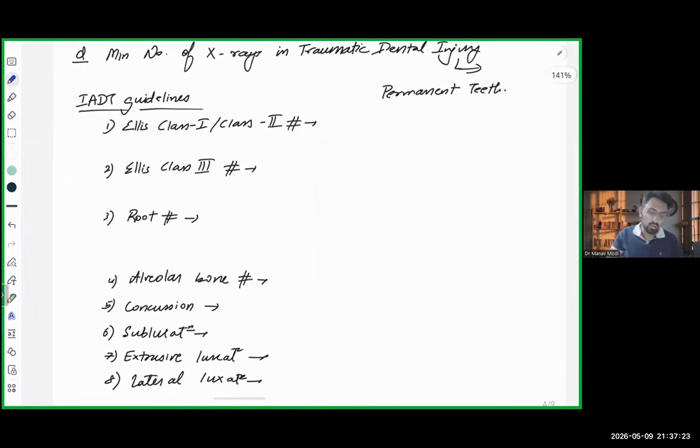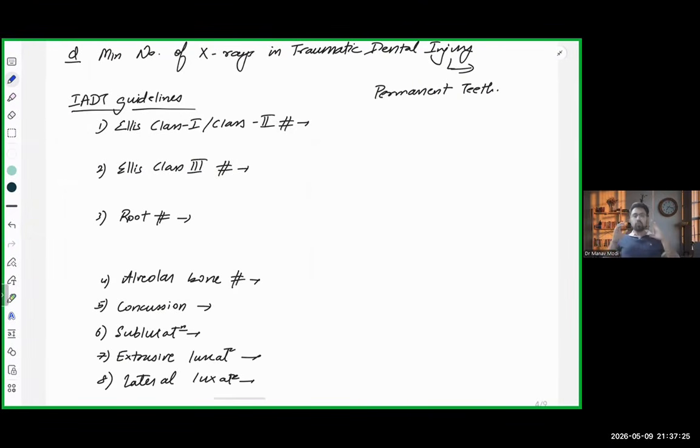Let's move forward. So we come to traumatology and the IADT guidelines. These are very, very important. Expect 1 to 2 questions at least from this. So first of all, minimum number of X-rays in traumatic dental injury are 4. Whenever there's a traumatic dental injury, you have to take 4 X-rays.